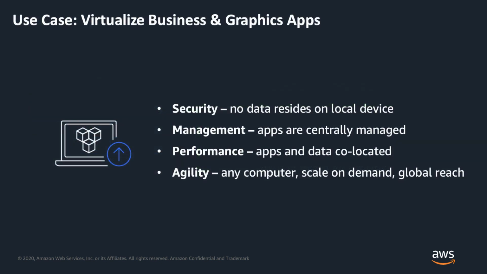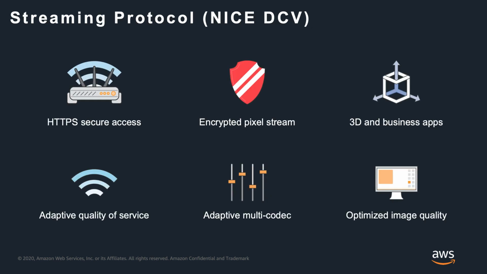And the other cool thing is that it's actually very secure because none of the data resides on your local device. So, if you have someone who can just be accessing it from a laptop or anything, you don't have to worry about where that data's going. The apps are all centrally managed, and you can easily scale it up on any resource that you want. The back end of this, which is doing the streaming, is a thing called Nice DCV.